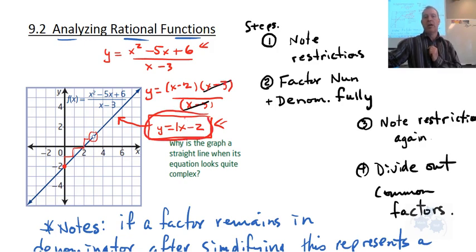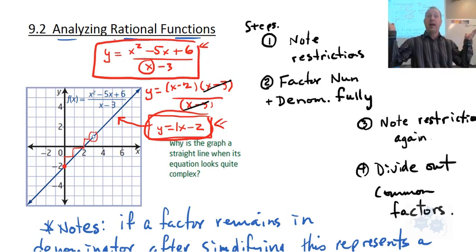The reason why there's this gap is because if you look at the original function, x cannot equal positive 3. If x equals positive 3, the value of y is undefined. That's why there's no value for y at this point.